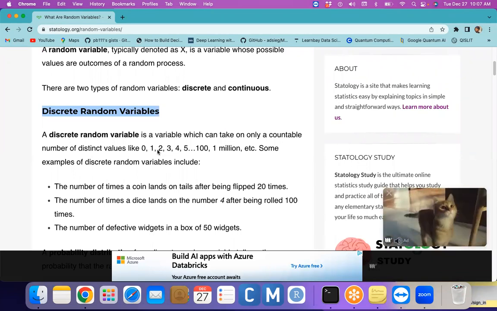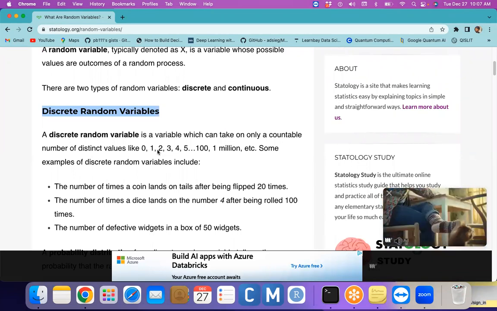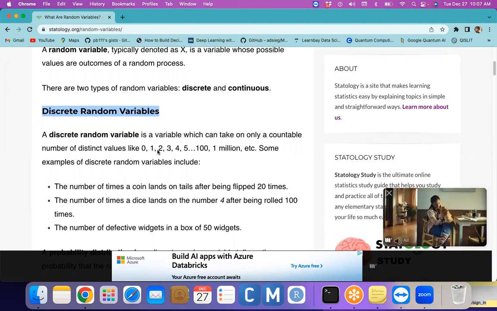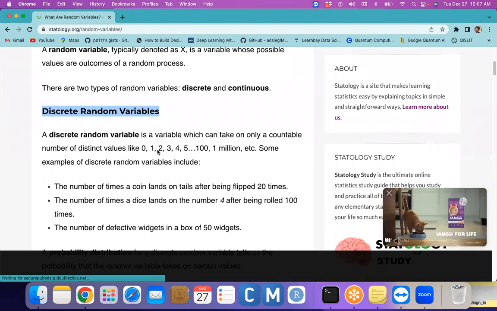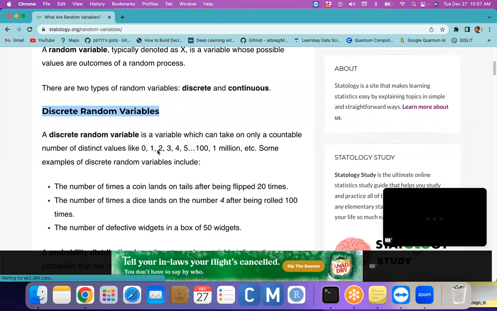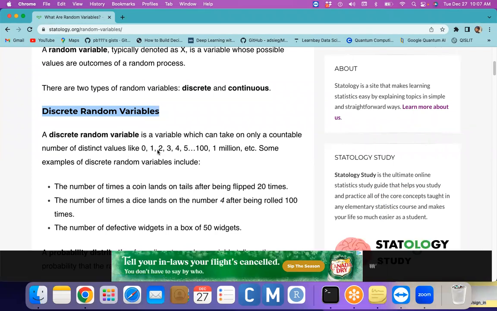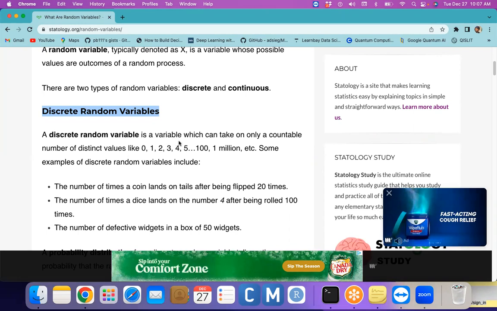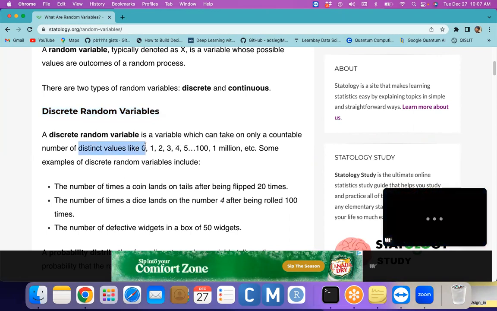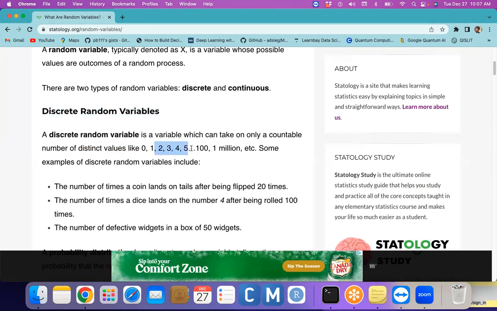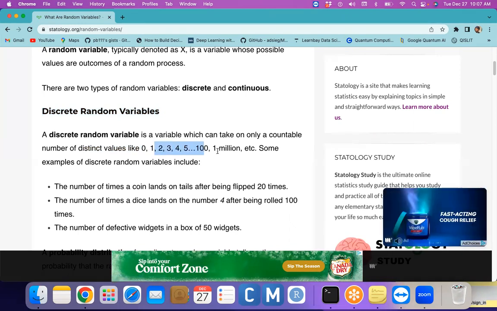You can say a total of 50 students or 30 students, some finite number. We call that discrete. A discrete variable can take only countable numbers or distinct values like 0, 1, 2, 3, or 100, 1 million, whatever it is.